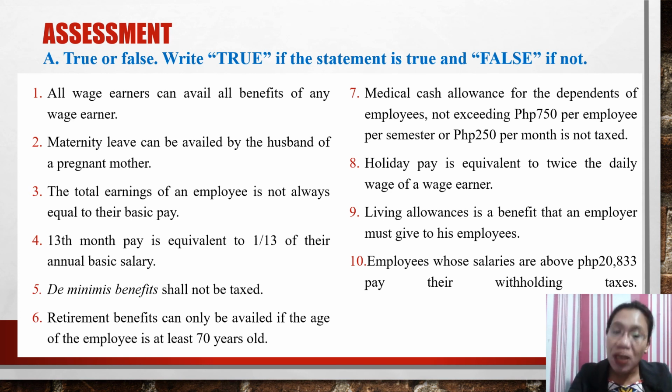And number 10, employees whose salaries are above 20,833 pesos pay their withholding taxes. That will be all for the assessment, guys. Okay, if you are not yet done answering, try to pause the video. And for now, let's go to the next slides.